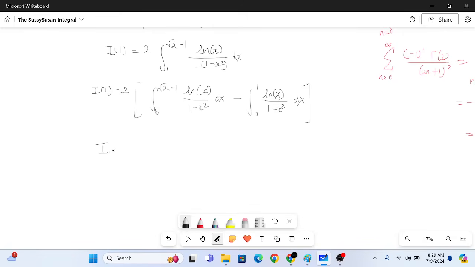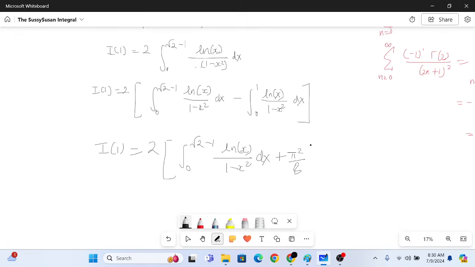I of 1 is equal to 2 times integral from 0 to root 2 minus 1 of ln x by 1 minus x square dx, and then minus times minus pi square by 8, that will just be plus pi square by 8.